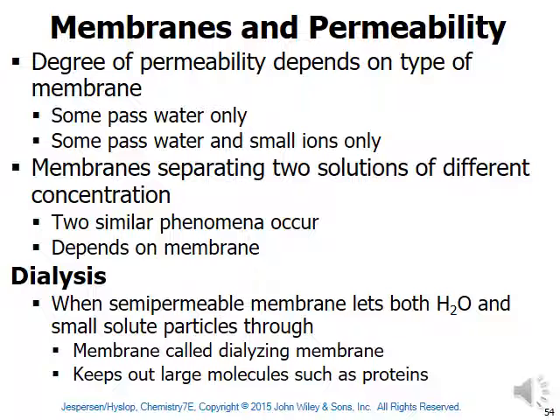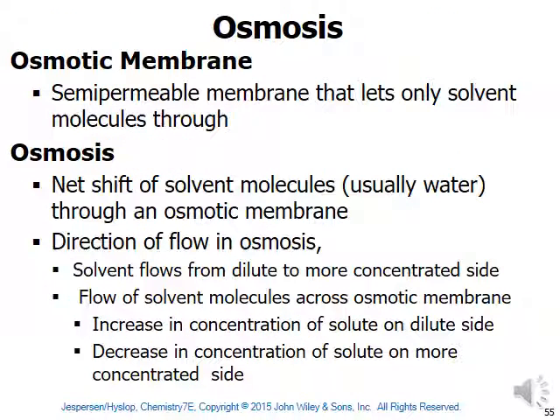Okay. So an osmotic membrane is a semi-permeable membrane that lets only solvent molecules through. If you have two sides, X and Y, and our solvent is going to be water, the osmotic membrane will only let water through to either side.